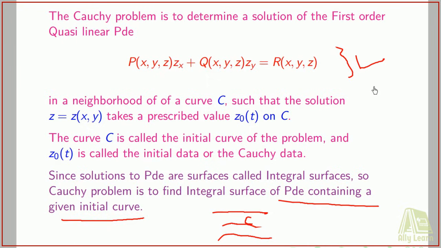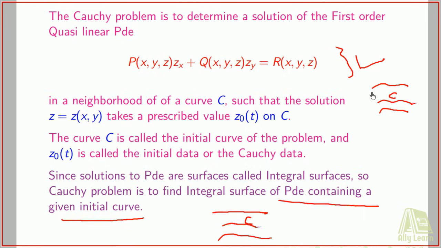But in the Cauchy problem we look for that surface that contains the given initial curve C. So that arbitrary function will have a particular value. This is what happens in a Cauchy problem.